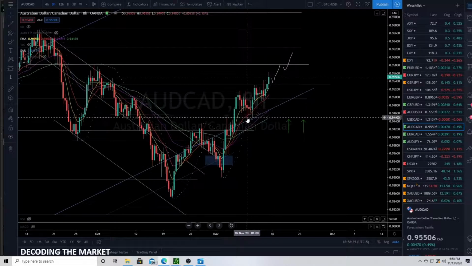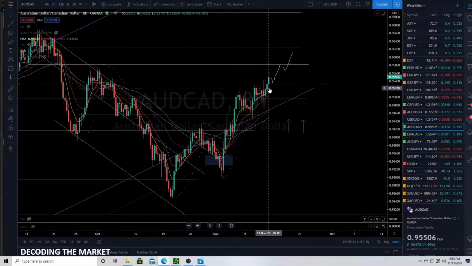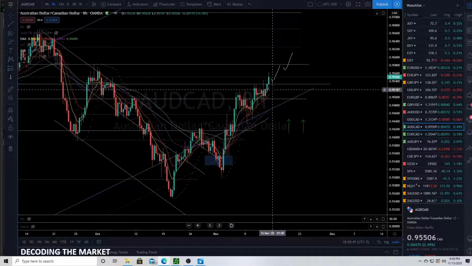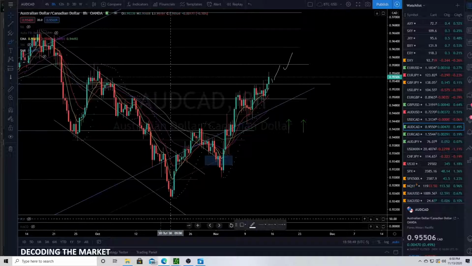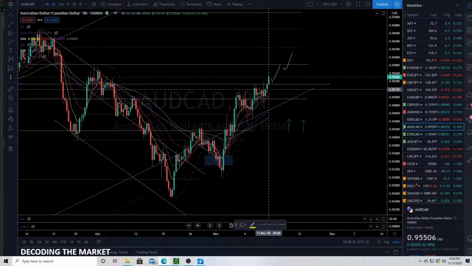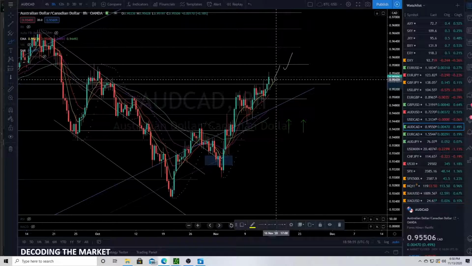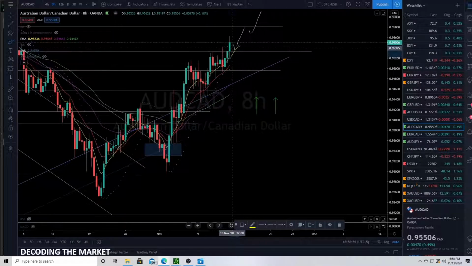If you notice, the price is closing above this EMA and is getting very, very strong. That's why I've been telling you guys the possibility that this line is going to continue to the uptrend, and maybe the price is going to touch.